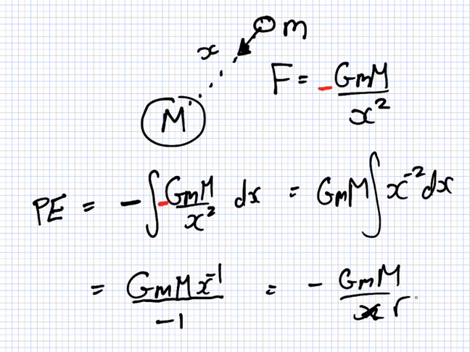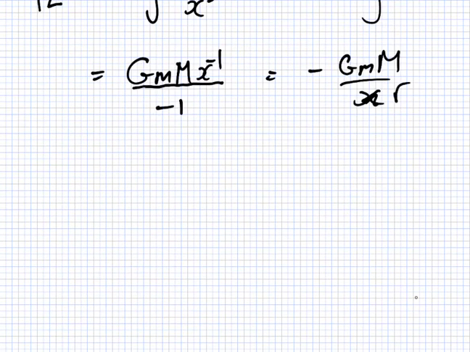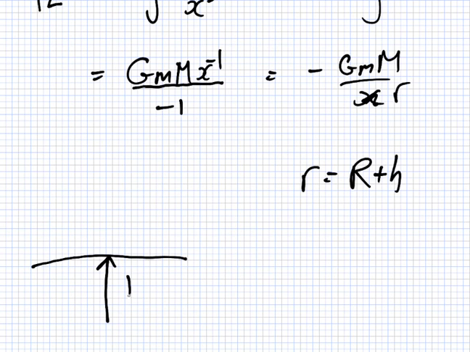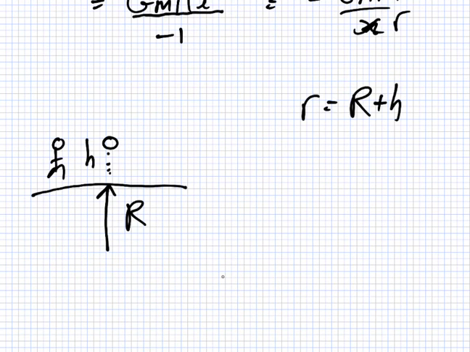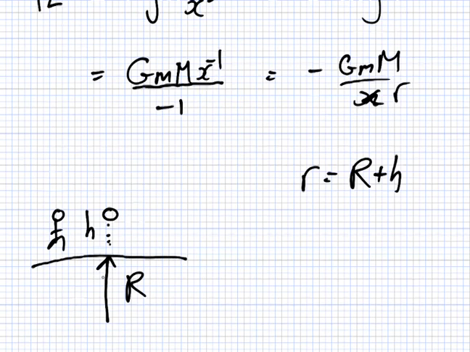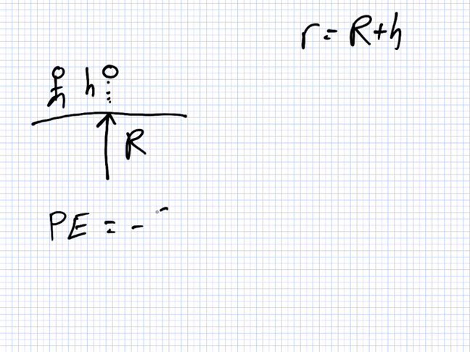So if I scroll down here, if you're on the surface of the Earth, your or equals big O plus H, where this is big O, and then this distance here is H. So then the potential energy, you can see the formula there, minus GMM over O. But the small or is equal to big O plus H. I'm just writing the same thing again.